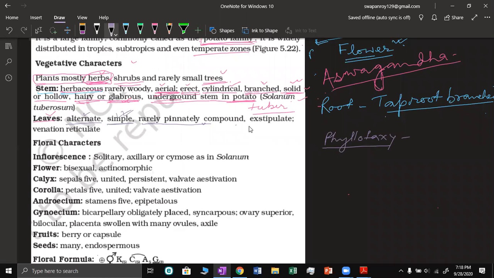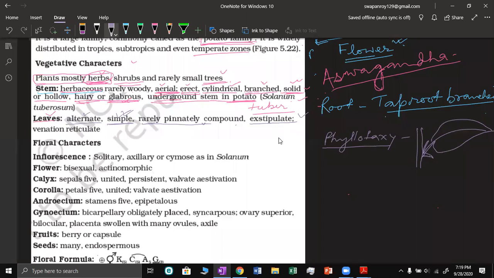Exstipulate is an important character. Remember that this is the leaf, and from the base of the leaf some structures come out. These are called stipules.